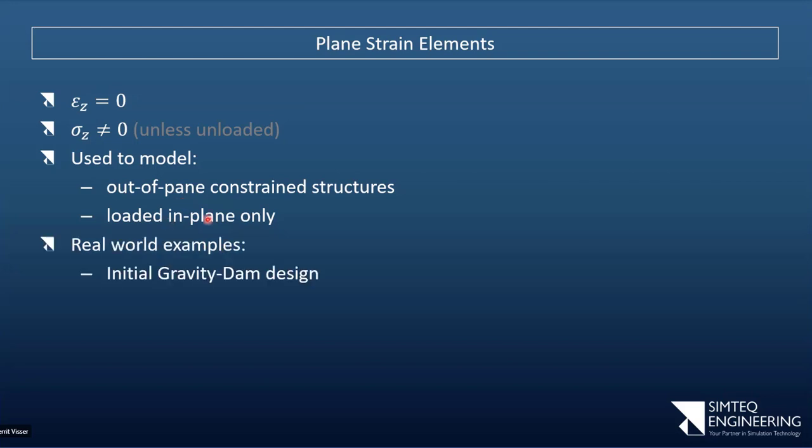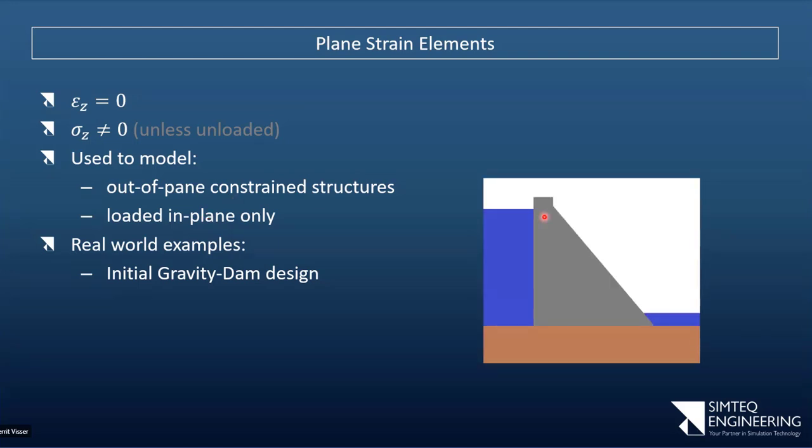The only common, reasonably exact model would be something like the initial gravity dam design that we can do. This is the rock below the dam, the downstream and upstream water levels. And in the thickness direction, this is constrained by the rock walls it's attached to.